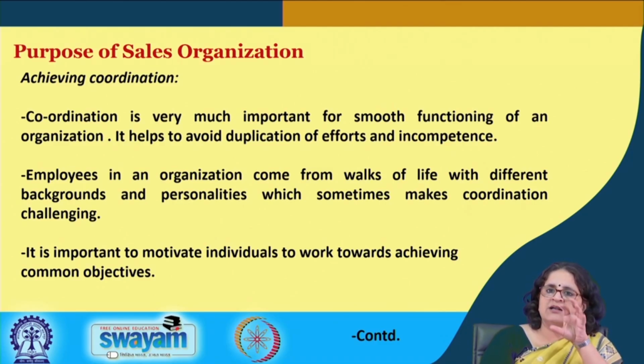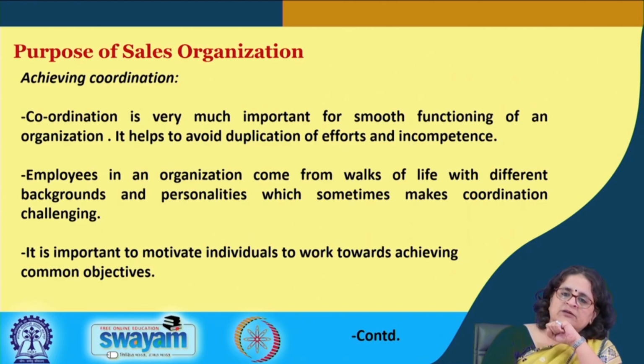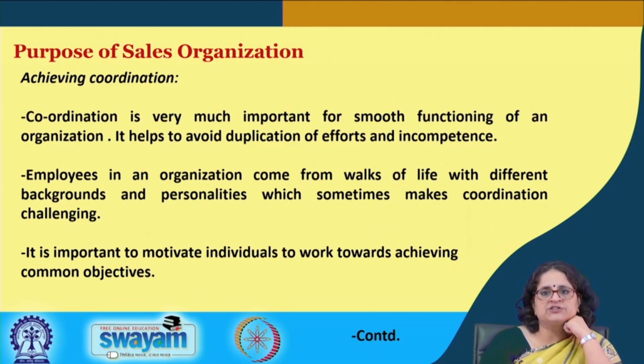between the salespeople under this unit head or activity head, which could be the sales manager at the branch. Similarly, there has to be coordination between different branch managers under a particular region or zone. So there has to be coordination both within the branch and across different branches. Or if the sales organization is structured not on the basis of geography, but on the basis of product, or on the basis of a line and staff function, we will be talking about the line and staff function in the subsequent lesson.